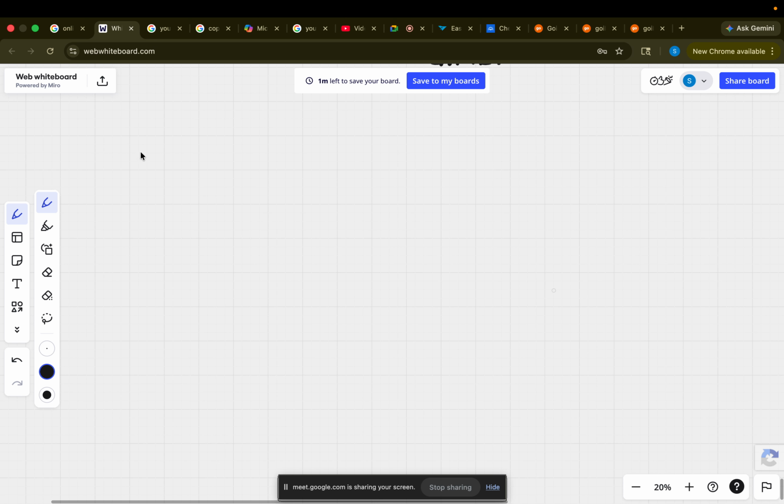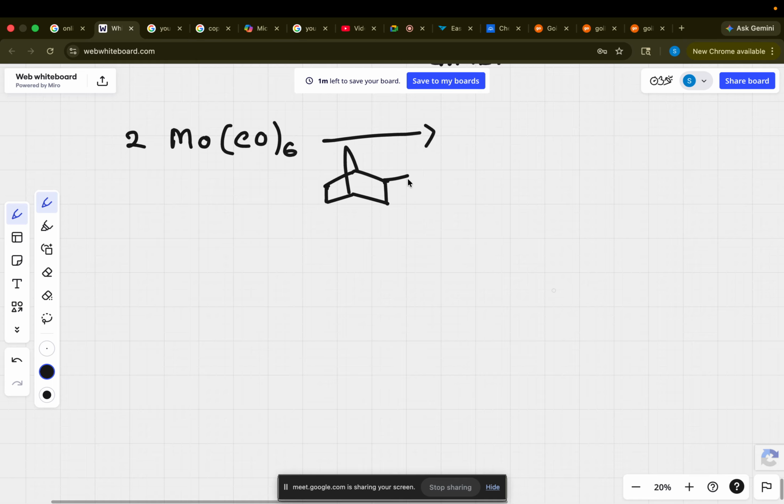Okay, one reaction, try to do. Suppose you have 2 moles of this compound, molybdenum CO whole 6, and you have this dimer basically. This is also your dimer thing. In presence of h nu, what will happen?